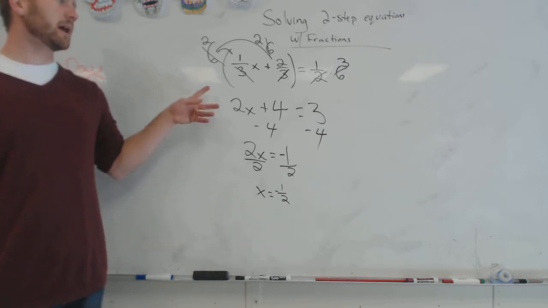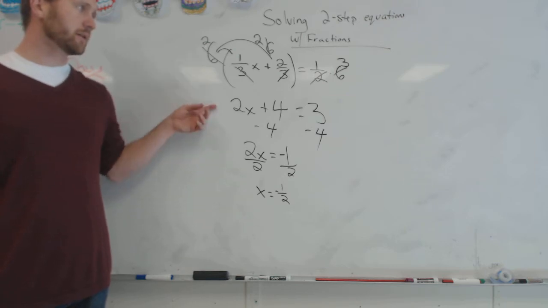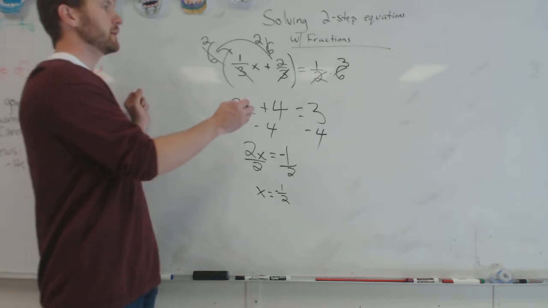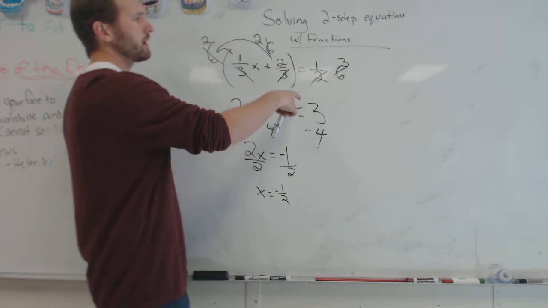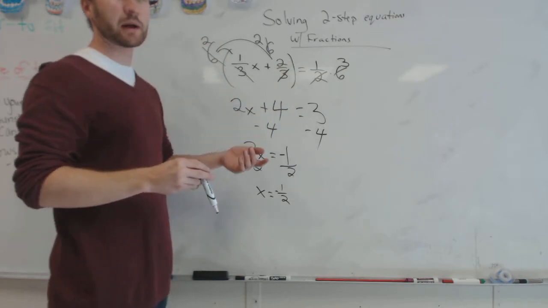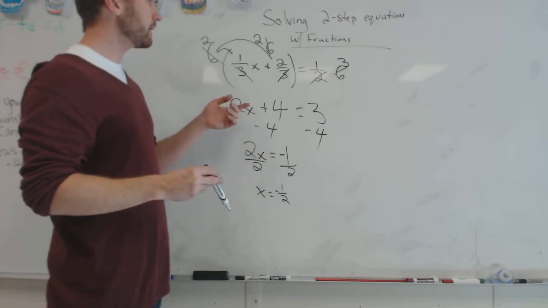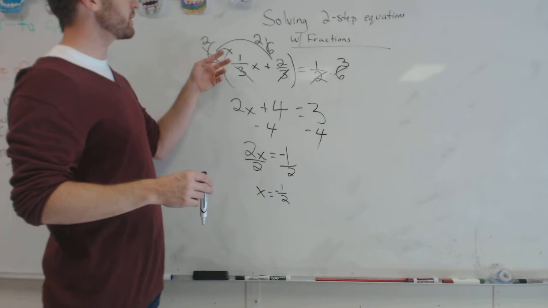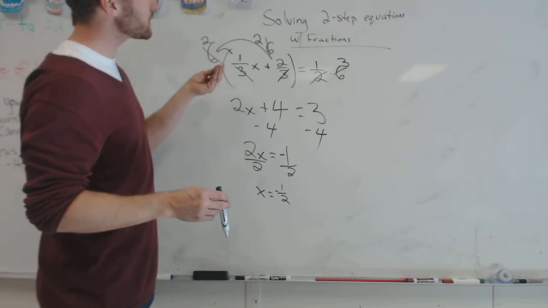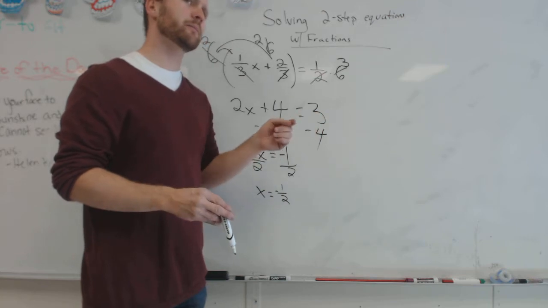But I think it's a lot easier to get there by doing this than it would have been if I had subtracted 2/3. What's 1/2 minus 2/3? Now I have to multiply by 6 anyway to find my common denominator, and then I'm going to have to multiply by the reciprocal, 3.